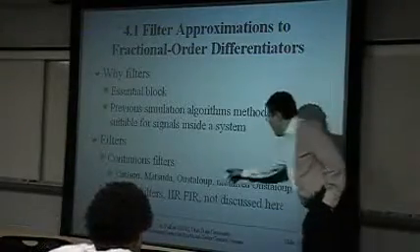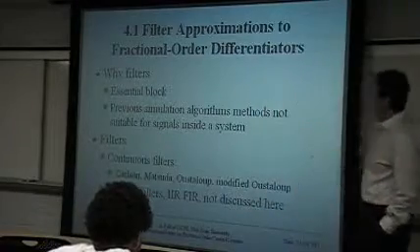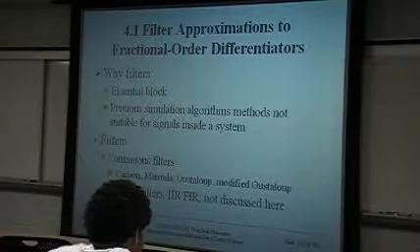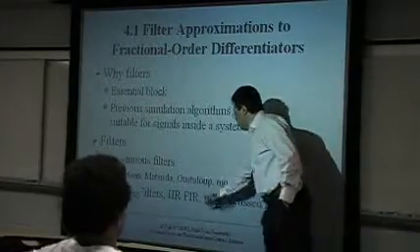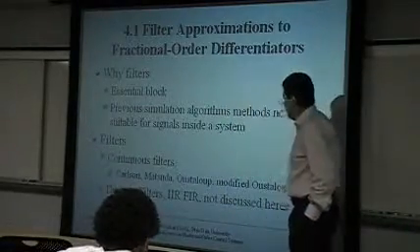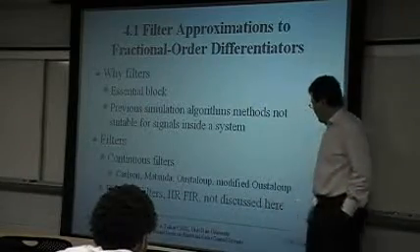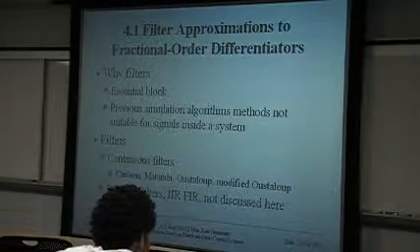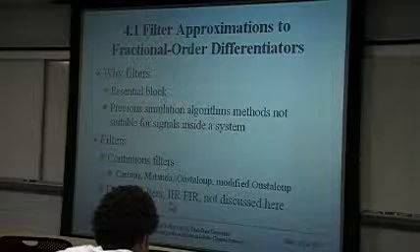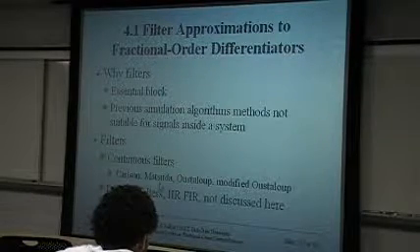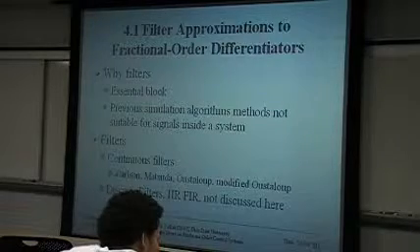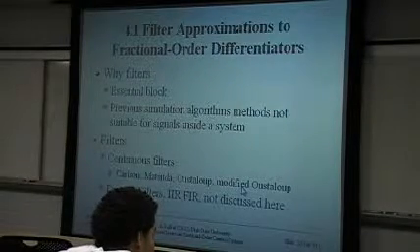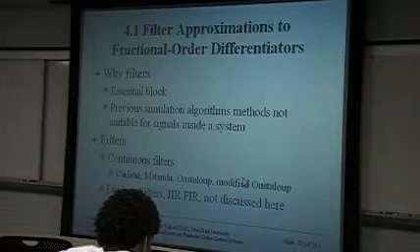And I did some modifications on that one and made it even better. And also there are discrete versions of filters such as IIR filters, FIR filters. I think Professor Chen published a few papers on discretization of fractional order differentiators. Here I shall only concentrate on continuous filters.